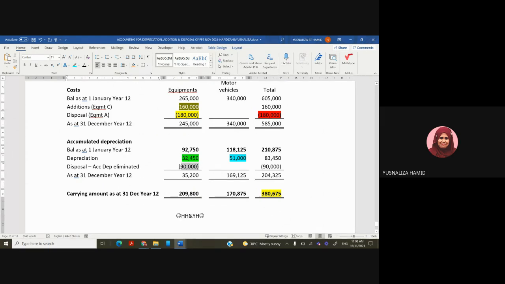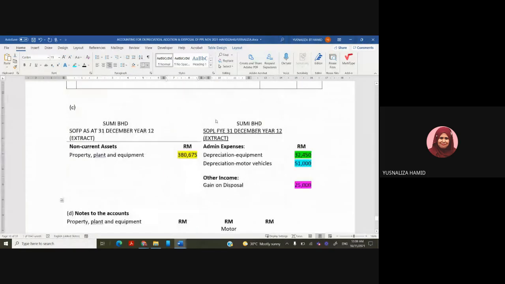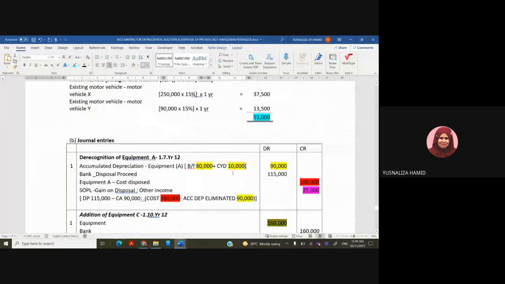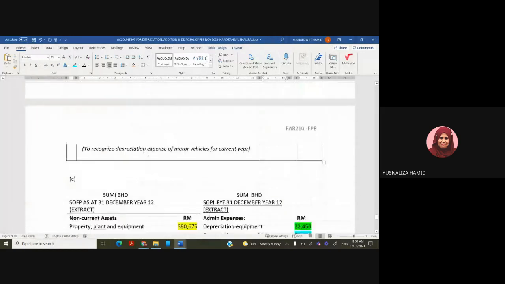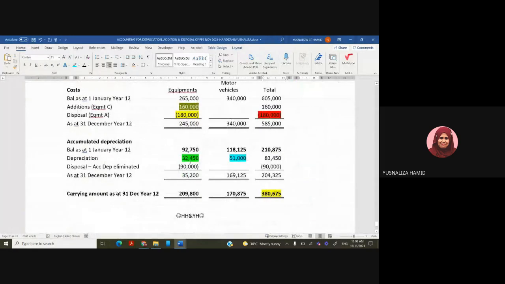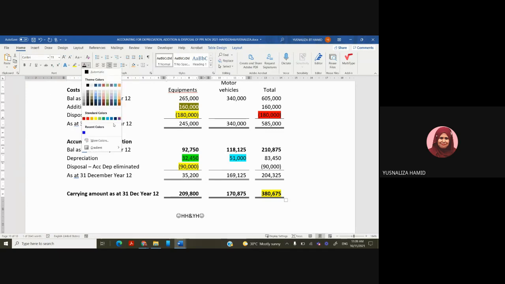You have 90,000. This 90,000 refers to the yellow item, the accumulated depreciation eliminated on the date of disposal. And that 90,000 is 80 plus 10. Total up, you have 35,200.